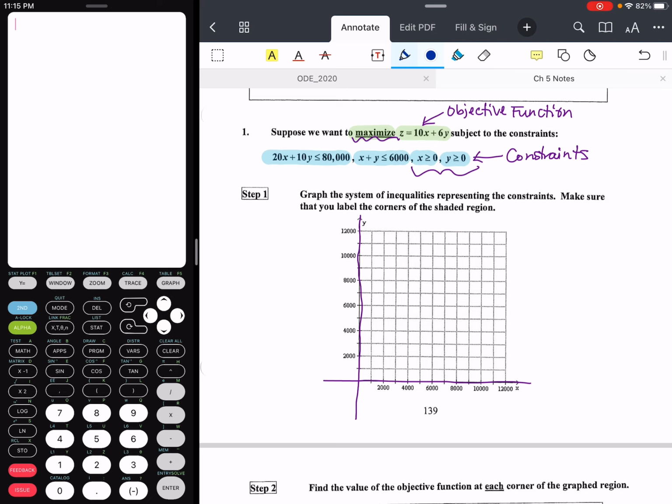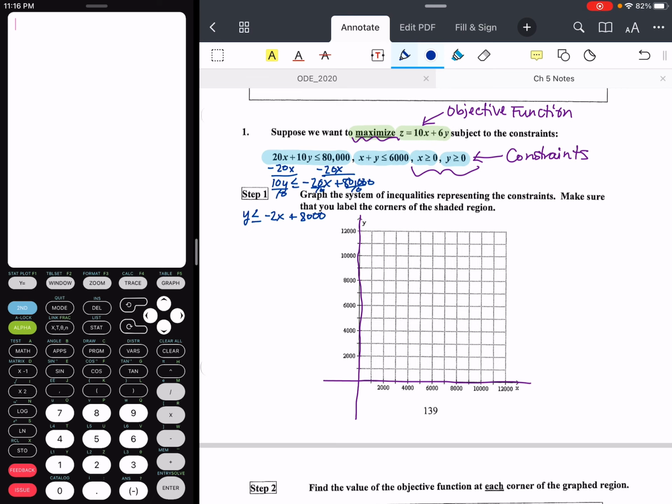So solving this first one for y, I have 10y less than or equal to negative 20x plus 80,000. And then I'm going to divide all the way across by 10, so that gives me y less than or equal to negative 2x plus 8,000.